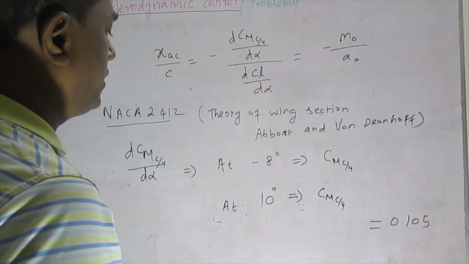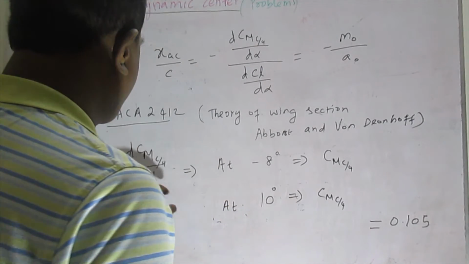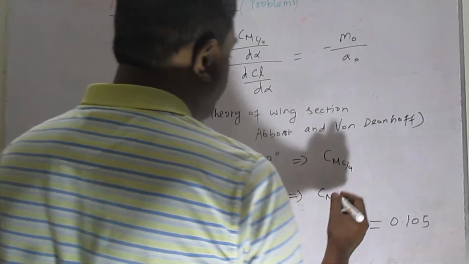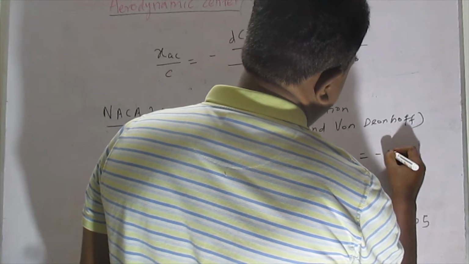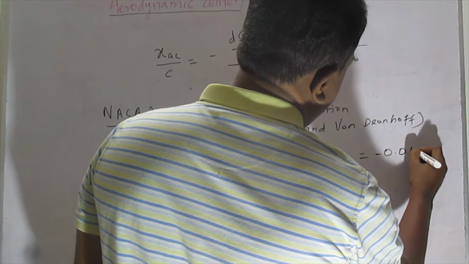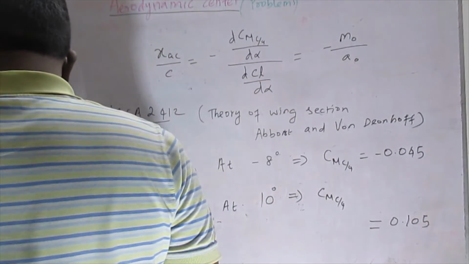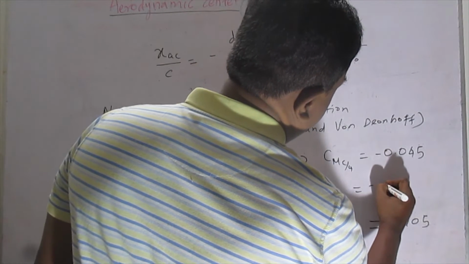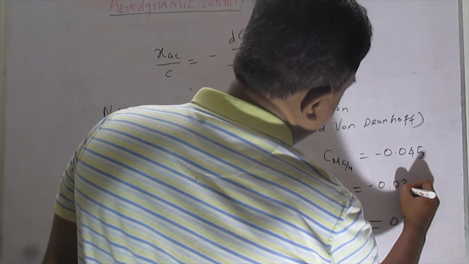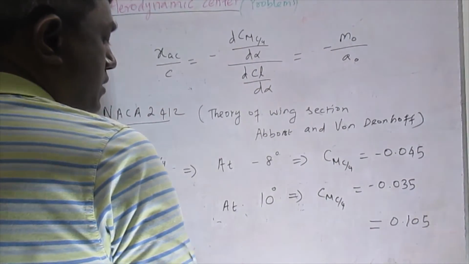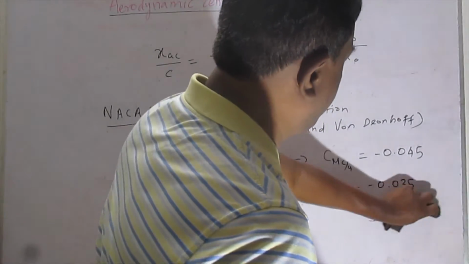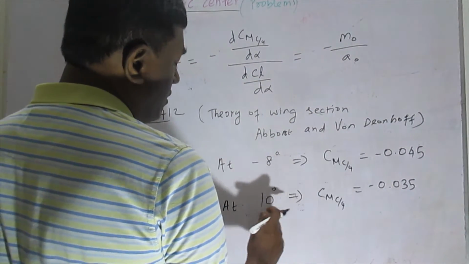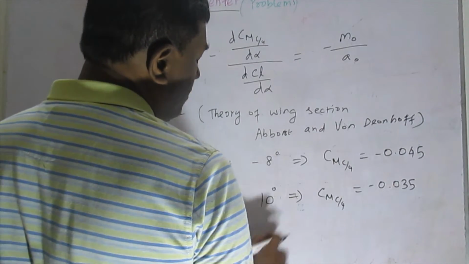So at minus 8 degree, this value comes around minus 0.045, and then this value is minus 0.035. So we know at both angles of attack what is the value of pitching moment at the quarter chord point.